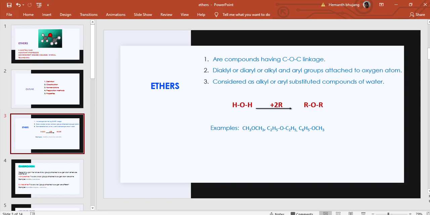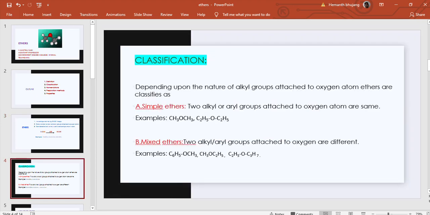Depending upon the nature of these groups, whether they are of similar type or dissimilar type, ethers can be classified into two types. One is simple ethers. The other type is mixed ethers.